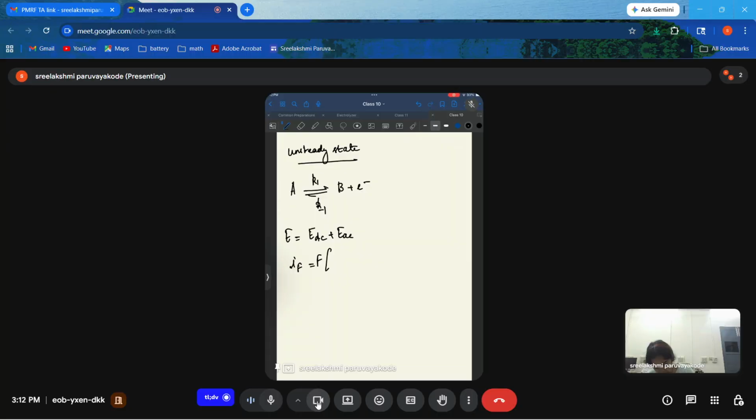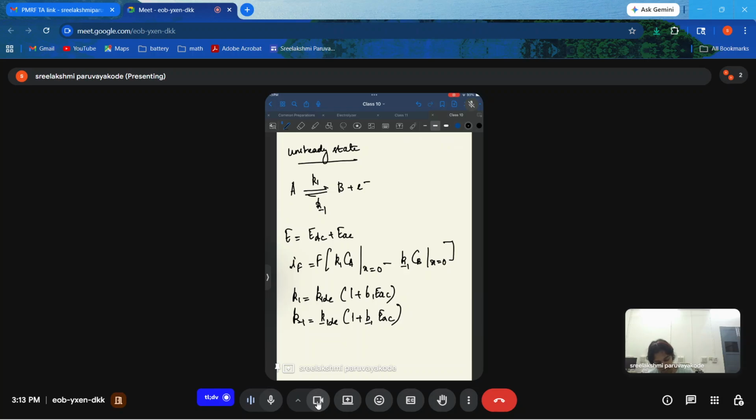For our reaction, the rate is K1 CA at x equal to 0 minus K minus 1 CB at x equal to 0. Now we know that K1 equals K1 DC times 1 plus B1 EAC, and K minus 1 equals K minus 1 DC times 1 plus B minus 1 EAC.